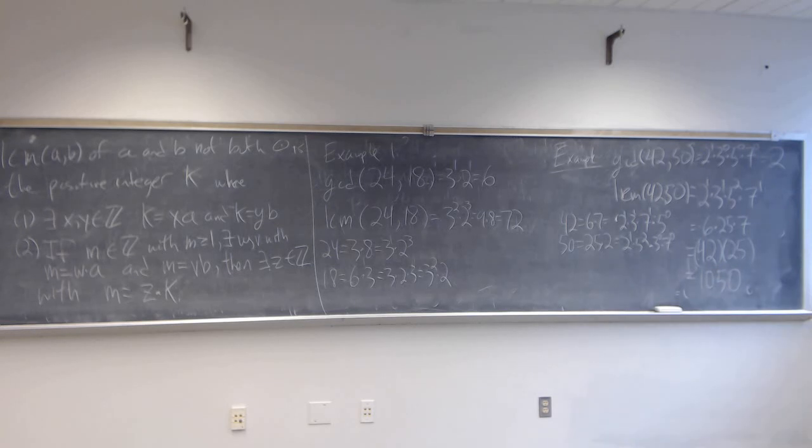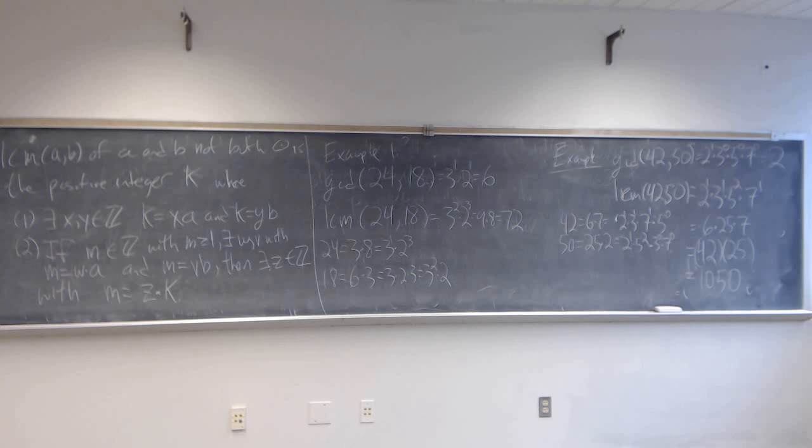And I'll pull up the calculator on the computer in the background just to confirm that. So I have to multiply 3 times 5 times 7 times 2. I think I'm off by an extra 0.